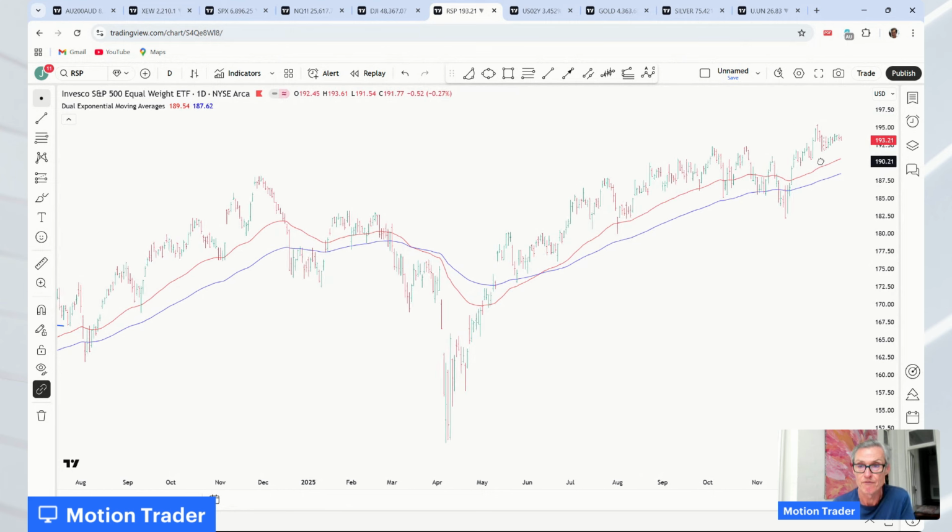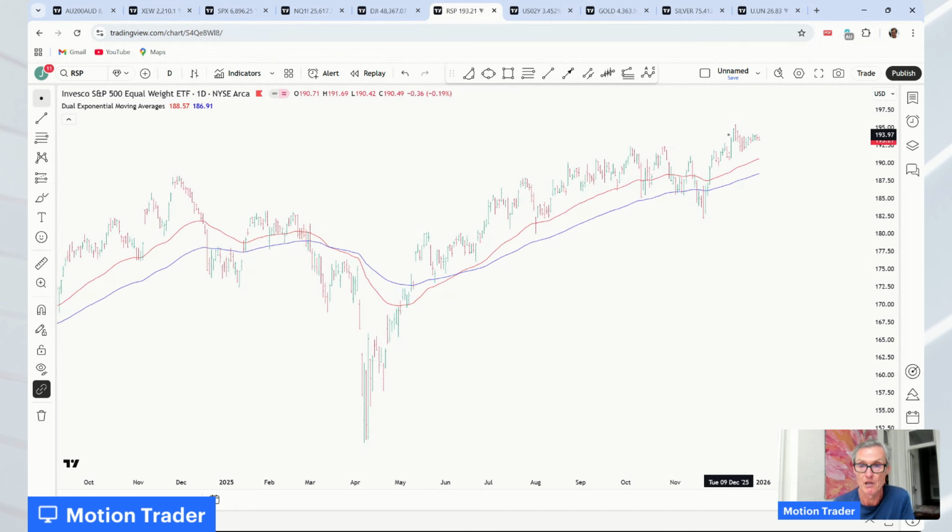I think there's scope for more consolidation below the all-time high. For instance, this market could chop sideways, retest those moving averages before maybe breaking higher. It could be somewhere into mid to late January. You never know the timing, but I think the point is there's scope for more consolidation before potentially moving higher.